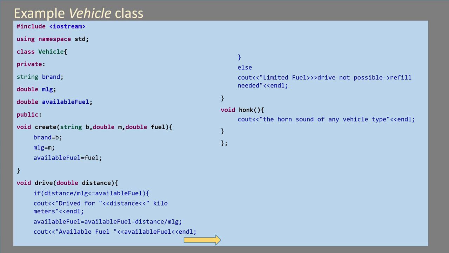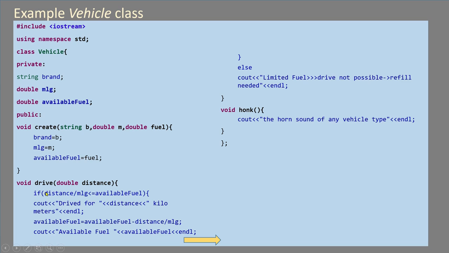It has three functions: one is create, another is drive, and another is honk. In create, I'm initializing or assigning values to these data members, for example, the brand name, the mileage, and the available fuel.